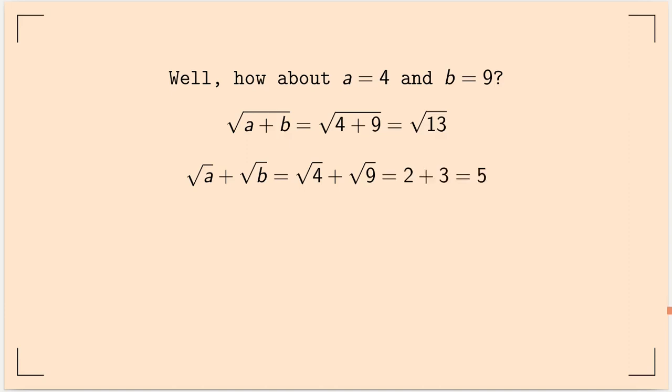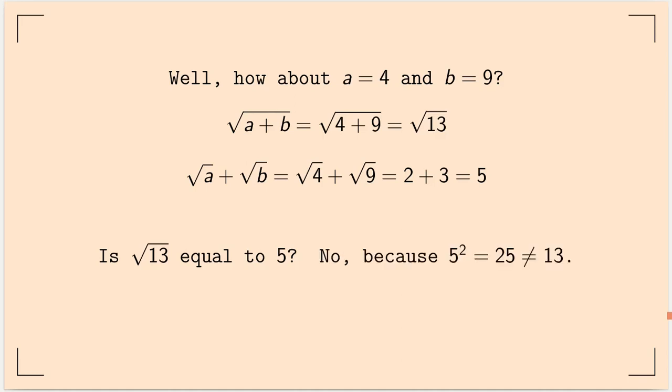And now the question is: is the square root of 13 equal to 5? Well, the square root of 13 is a number that if I take its square, I should get 13. But 5 squared equals 25, and that's not 13. So no. The formula is not valid because it didn't work for all numbers a and b.